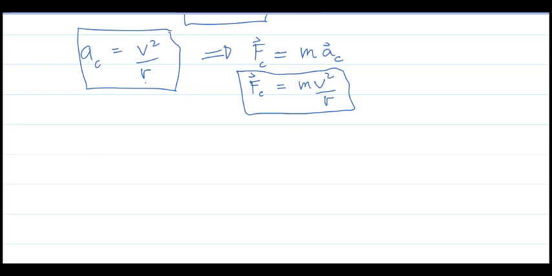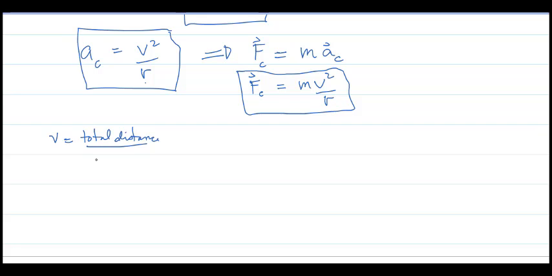And take note that for our uniform motion, we can easily find the total distance traveled by a particle. How? Review that v is just equal to total distance over total time elapsed.